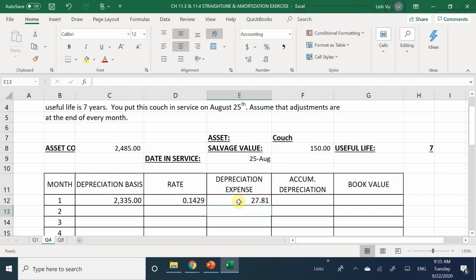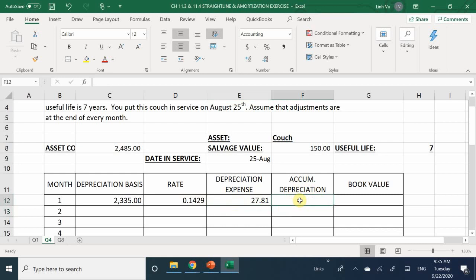Yes? So in this case, we still use the useful life, but because you're doing it on a month-to-month basis, it doesn't matter when you start. Okay, so every single month it's going to look identical.